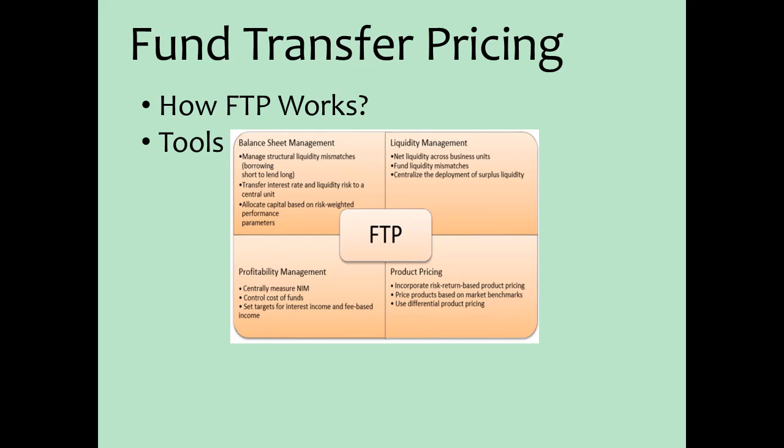The next one is liquidity management: net liquidity across the business units, fund liquidity mismatches, and centralize the deployment of surplus liquidity. The next one is profitability management, which centrally measures NIM, controls cost of funds, and sets targets for interest income and fee based incomes.